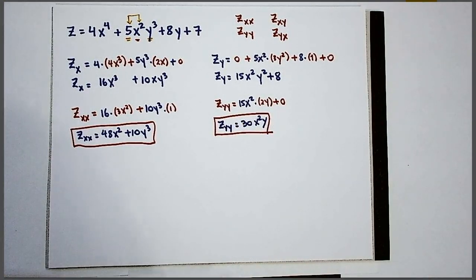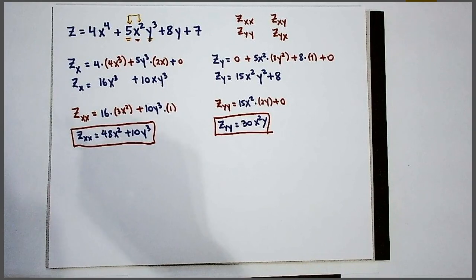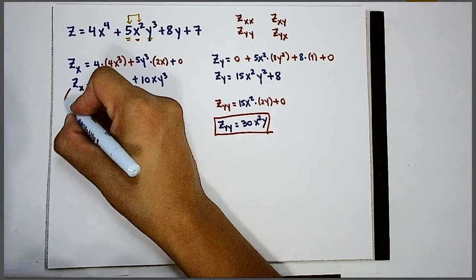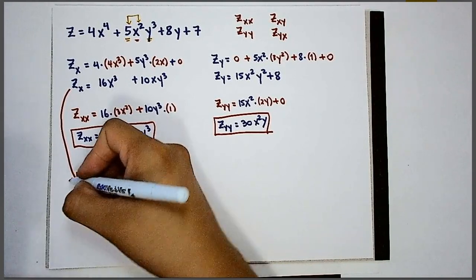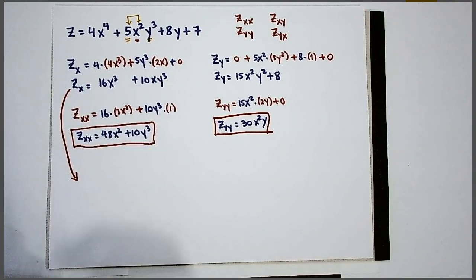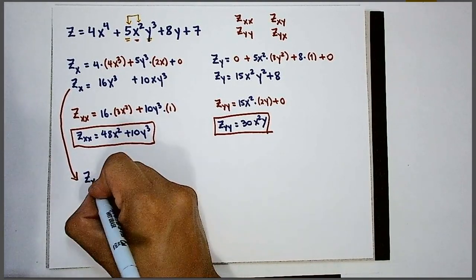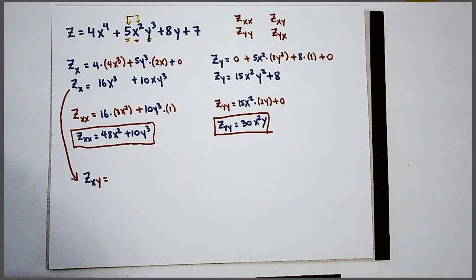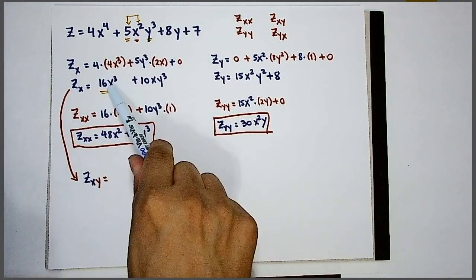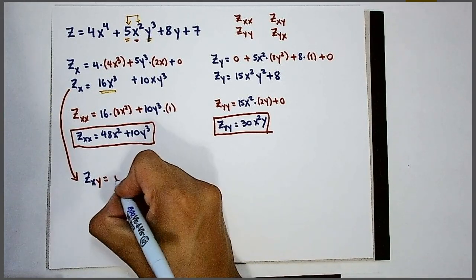Now, let's take the partial derivatives, but in this particular case, the cross partial derivatives. Because we already did z with respect to x, now we will do the other derivative with respect to y. Notice that in this case, if we do with respect to y, this first term does not contain y, so the derivative will be 0.